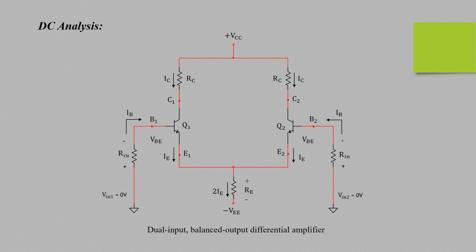Here you can see we have set the input voltages to 0. So this is the base current, emitter current, collector current. Similar are the base, collector and emitter currents for the second section. Both these sections are equivalent.